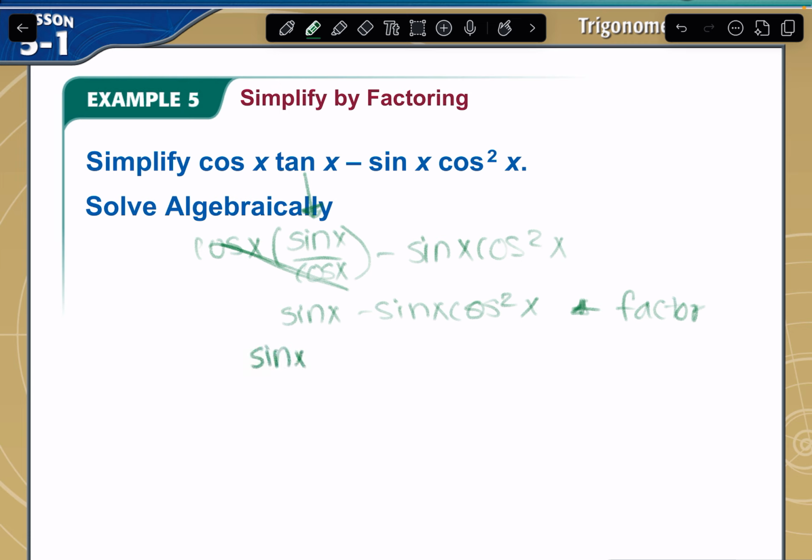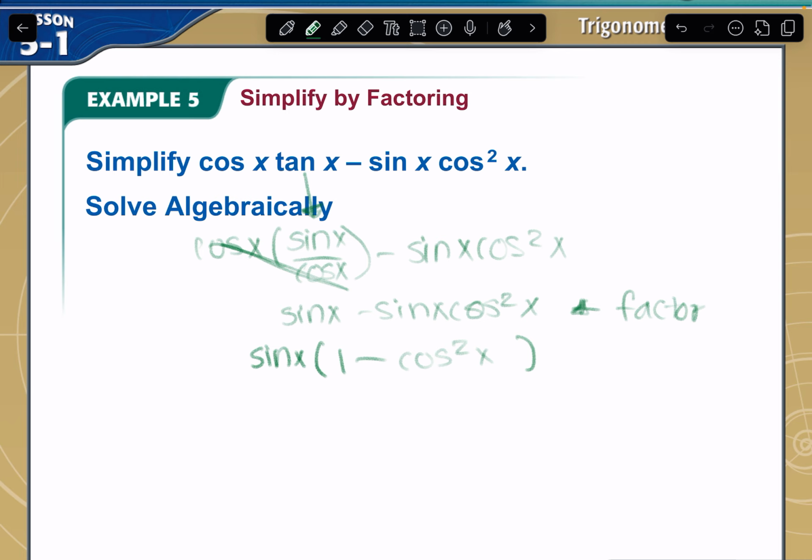I'm going to rewrite this as sine on the outside of parentheses. You're thinking, sine times what gets me back to sine, which will just be 1. And then sine times what gets me back to sine cosine squared x, which is cosine squared x. So that is my factoring step.